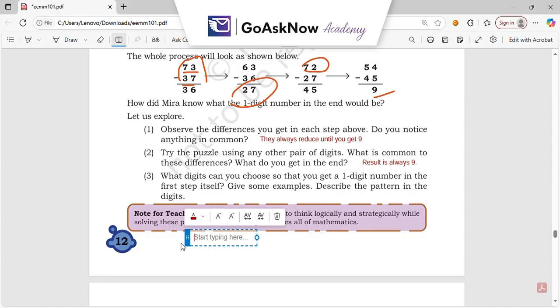Let me answer it. Try digits like 1 and 8, which give 81 minus 18 equal to 63, which is 6 and 3, and so on.